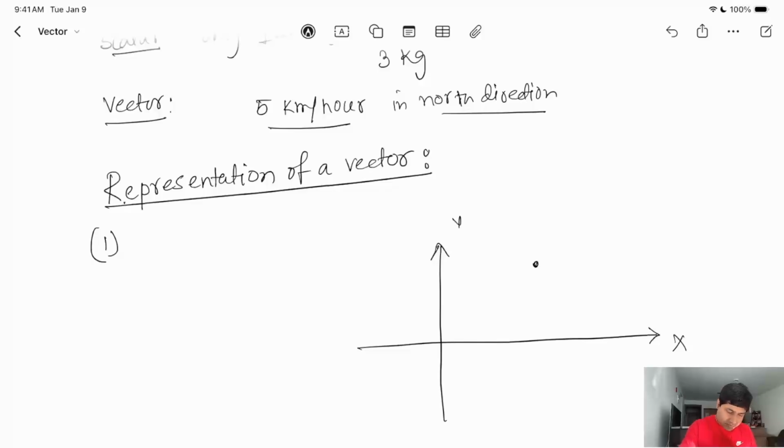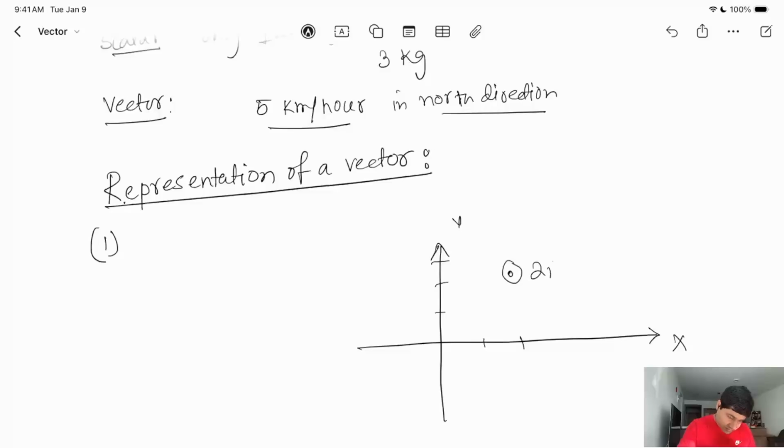Let's think of we have a point 2, 3. So here is 2, 1, 2, and 3.